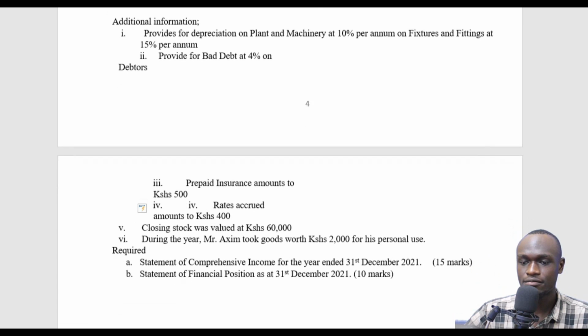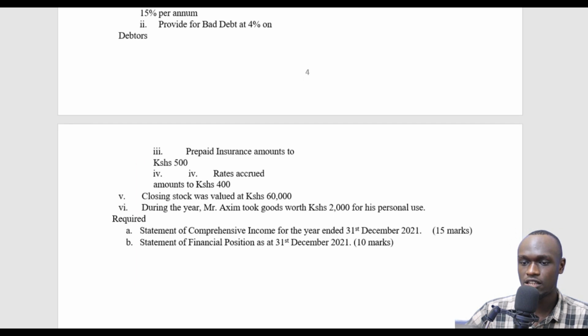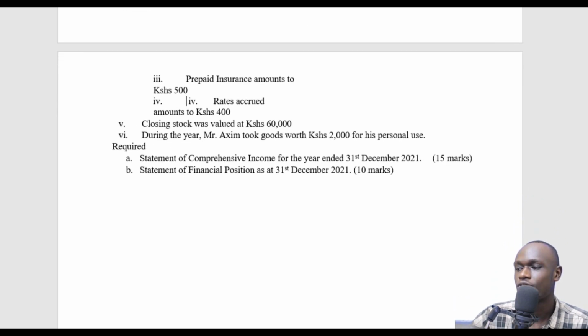Required: statement of comprehensive income for the year ended 31st December 2021. Then statement of financial position as at that date. So we begin with the statement of comprehensive income.